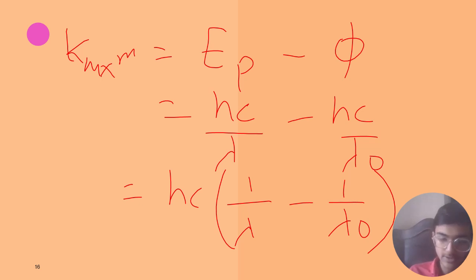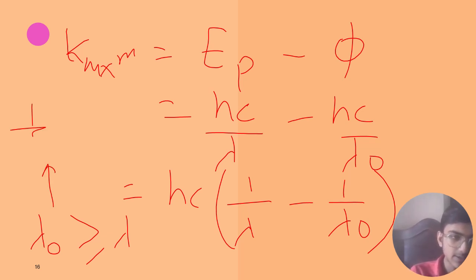What you have to understand is that lambda naught should be greater than or equal to lambda, because then 1 by lambda naught will be less than or equal to 1 by lambda.